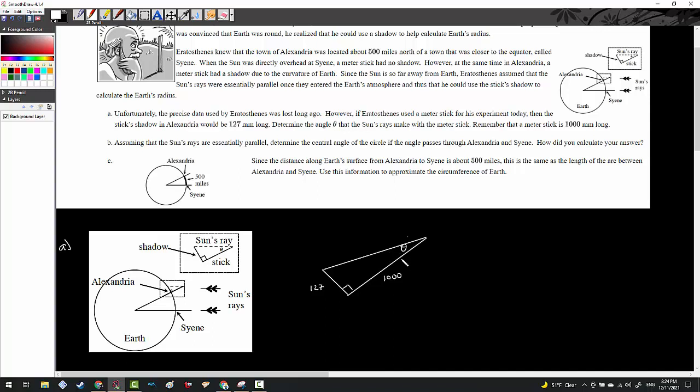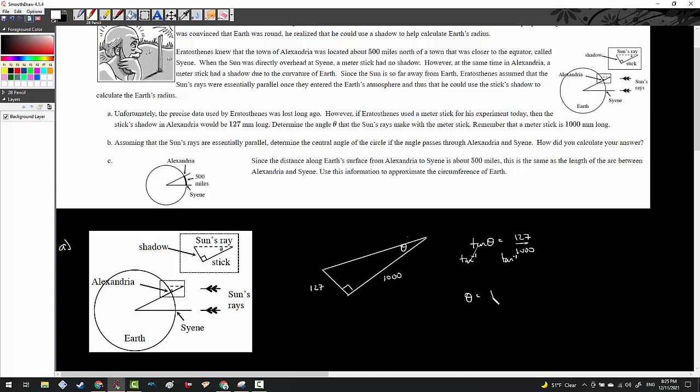And I believe with this angle in mind, we could probably come up with a relationship that would link the two together. I know that tangent of that theta would be equal to 127 over 1,000, which would be opposite over adjacent. So if I wanted to get the theta alone, I would tan inverse both sides, and I get theta equaling the tangent inverse of 127 over 1,000.